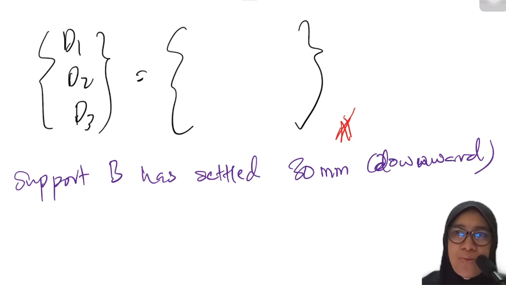So be careful. I hope all the students focus on this. Support B settle. So what we need to do is, we need to find the label, the degree of freedom number at position B in Y direction.